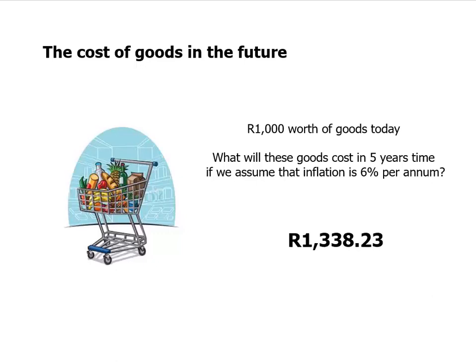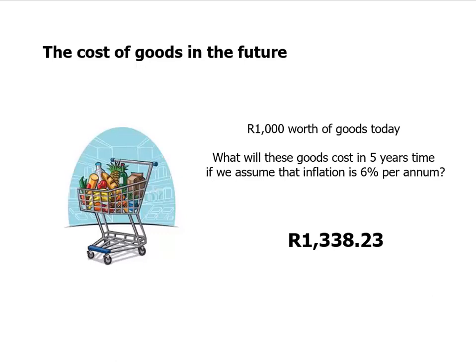But I'm interested to find out that these same goods that I'm purchasing here, what will they be worth in 5 years' time? Rather, not what will they be worth, but what will it cost me to buy them in 5 years' time? And for this example, if we assume that inflation is 6%, well, it will cost us 1,338 rand and 23 cents.